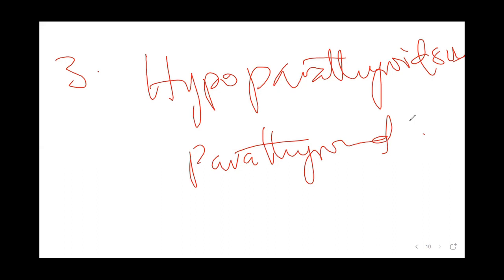You notice circumoral numbness, tingling sensation, and facial twitches. They come up with carpopedal spasms, and here you have to administer calcium gluconate at a loading dose, then place them on maintenance calcium gluconate.